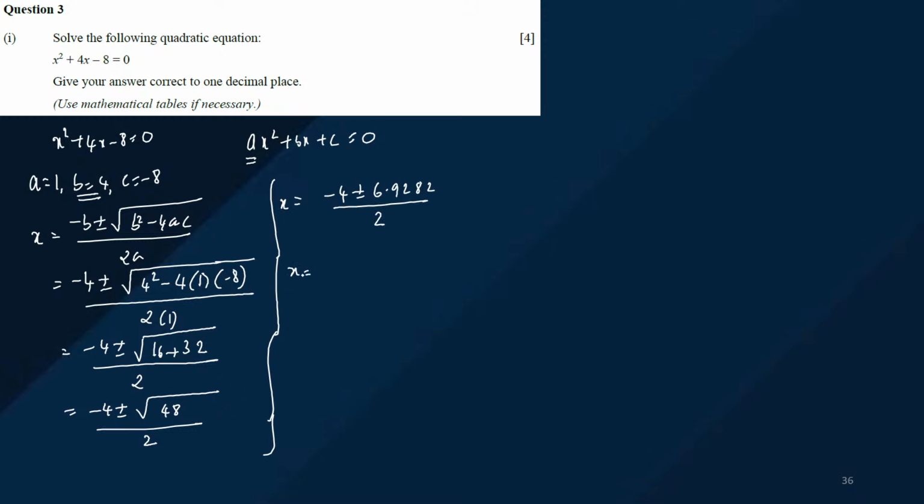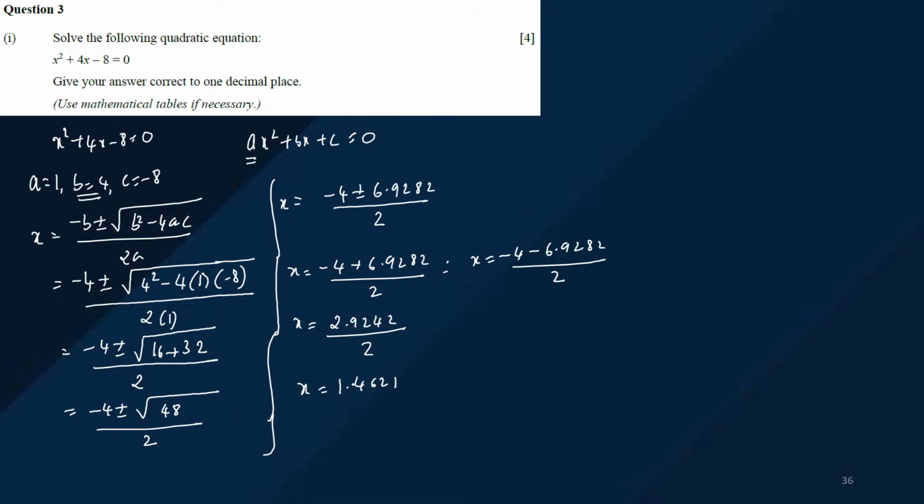So now x is equal to minus 4 plus 6.9282 by 2, or x is equal to minus 4 minus 6.9282 divided by 2. So now what I'm going to get here is 2.9242 divided by 2.